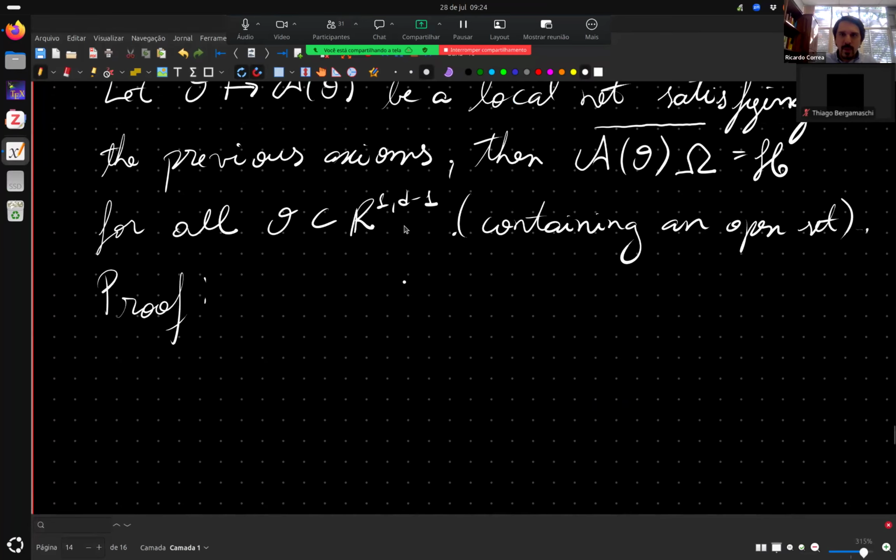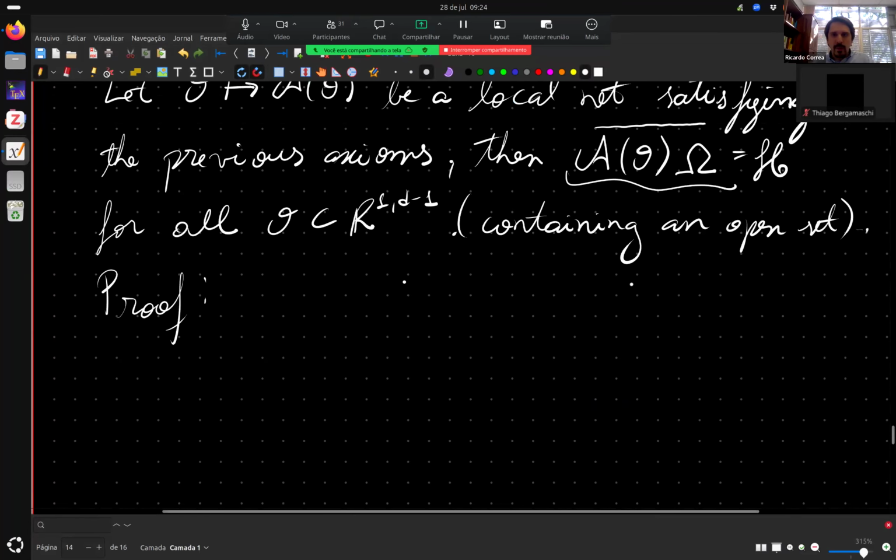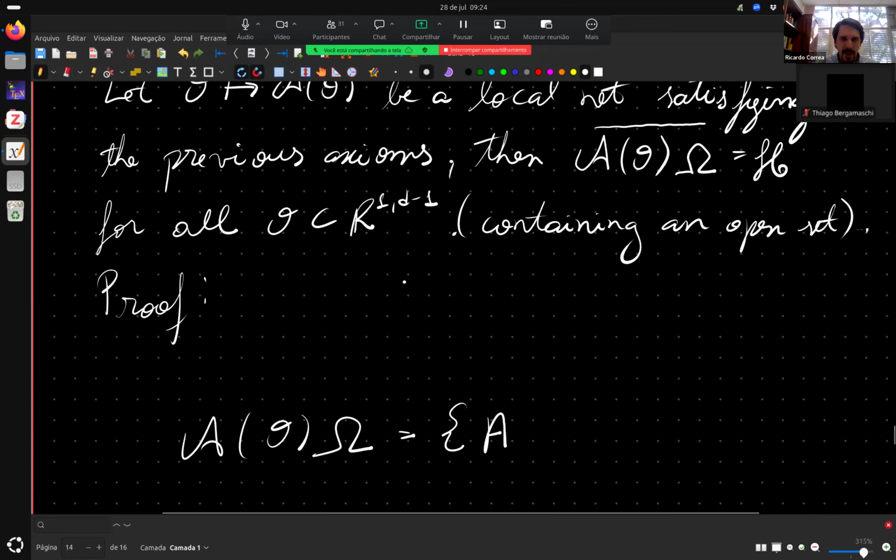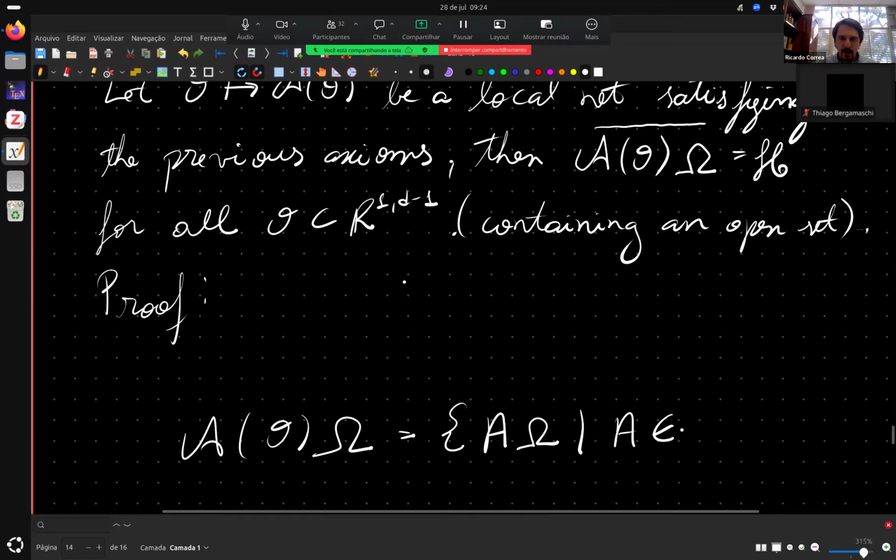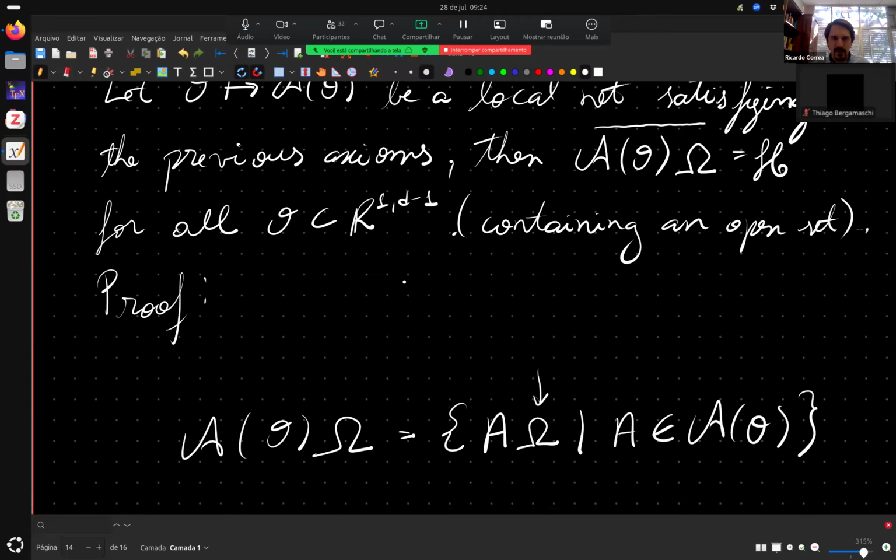So here, to try to clarify everything: what I mean by this set is basically the set of all A applied to omega, when A belongs to the algebra A of O. So you have this one vector that I assume to exist, the vacuum vector.